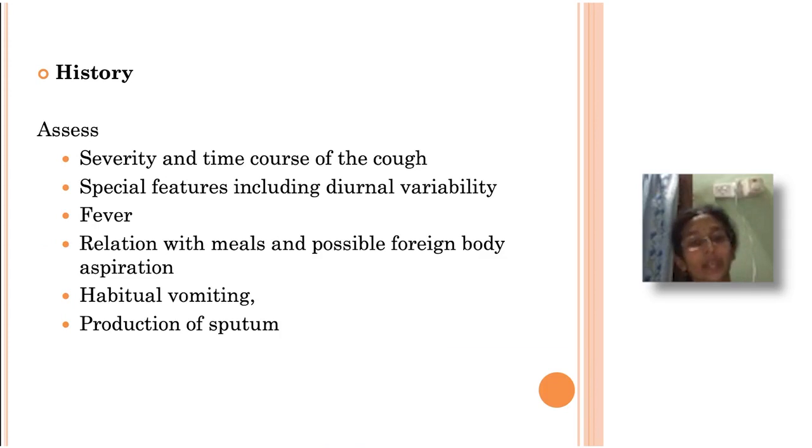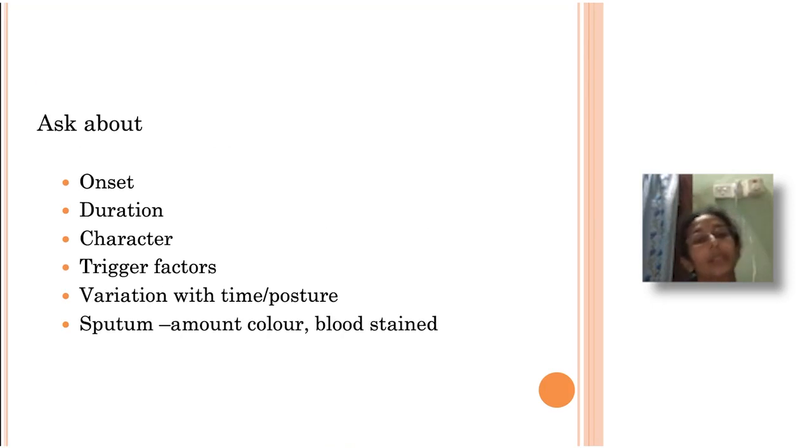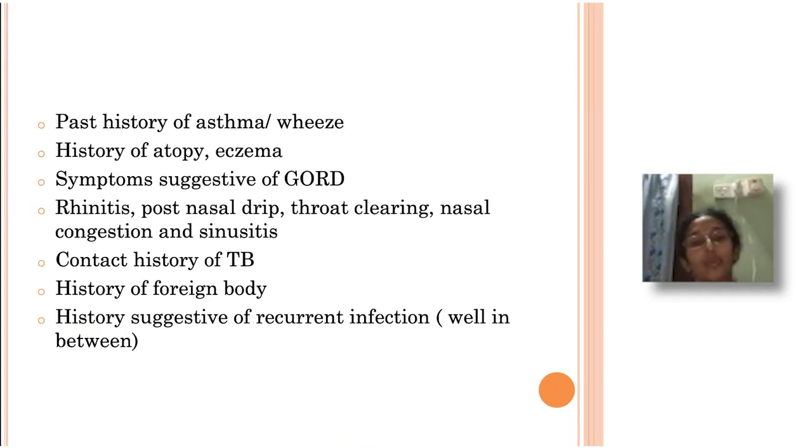In the history, we have to assess the severity and time course of the cough, and special features including diurnal variability, fever, relation with meals and possible foreign body aspiration, habitual vomiting, and production of sputum. So ask about the onset, duration, character, trigger factors, variation with time and posture, which suggests postnasal drip and aspiration, and sputum: the amount, color, and whether it is blood stained or not.